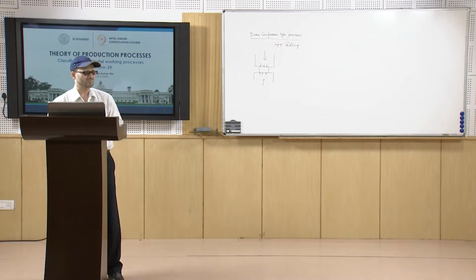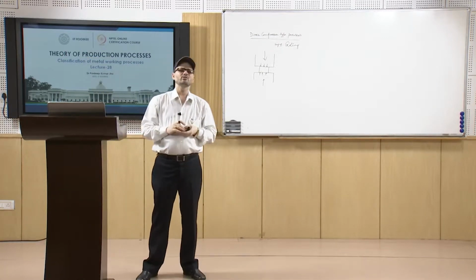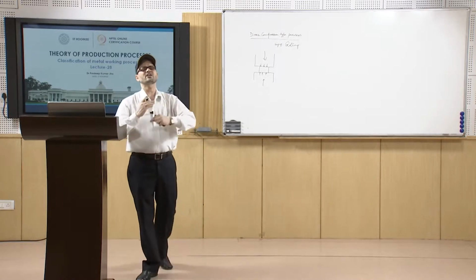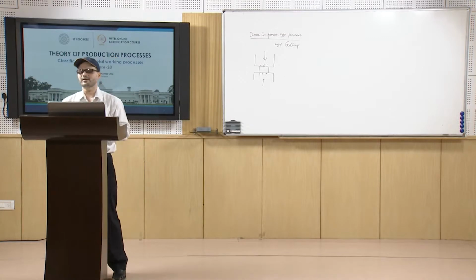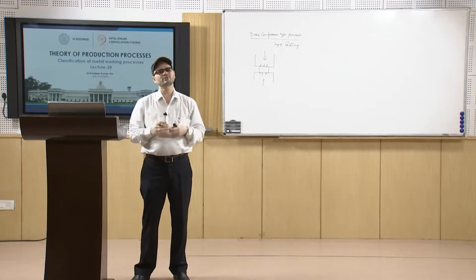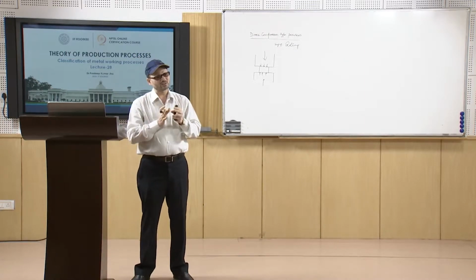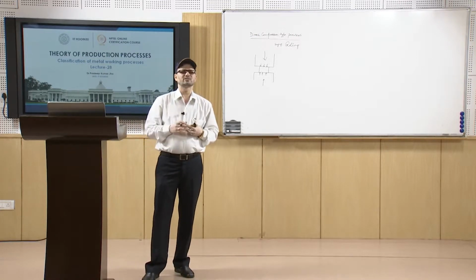Because of this reaction, you have a complex state of stress acting in such cases, and quite a high value of compressive stress in one of the principal directions. Because of that you have the flow of material in those directions.